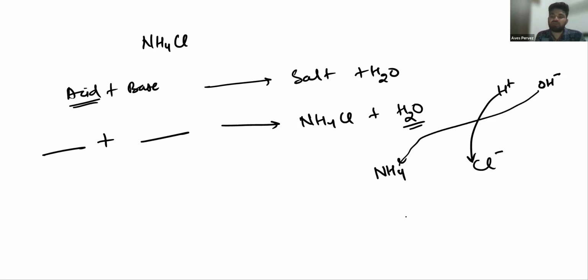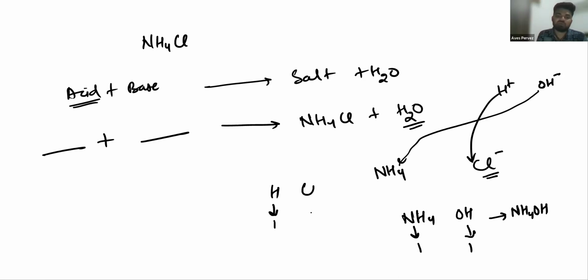Then write the valency accordingly: ammonium valency 1, OH valency 1, they join together to form NH4OH. Similarly H and Cl, each valency 1, join to form HCl. So the base is ammonium hydroxide and the acid is HCl, hydrochloric acid. Got it?